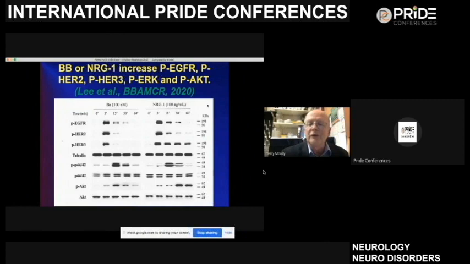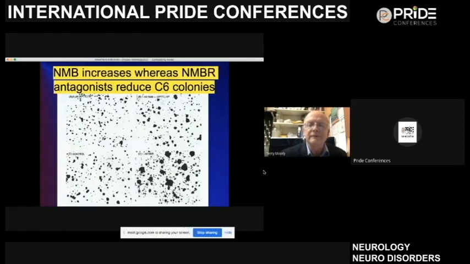HER3 is also activated by neuregulin 1. And when we activate HER3 with neuregulin 1, it then forms heterodimers with the EGF receptor and HER2, causing them to be phosphorylated. Neuregulin 1 addition to the non-small cell lung cancer cells also increases ERK phosphorylation and AKT phosphorylation.